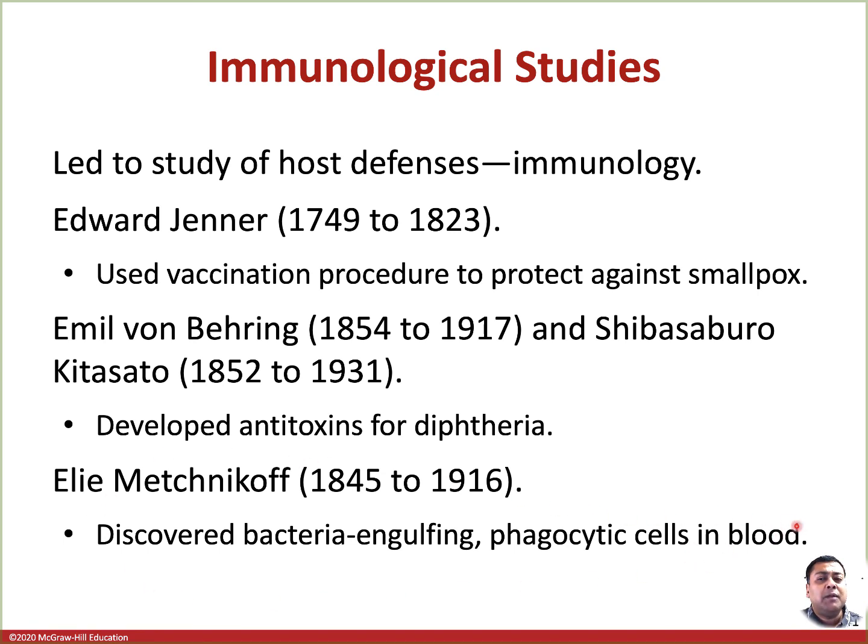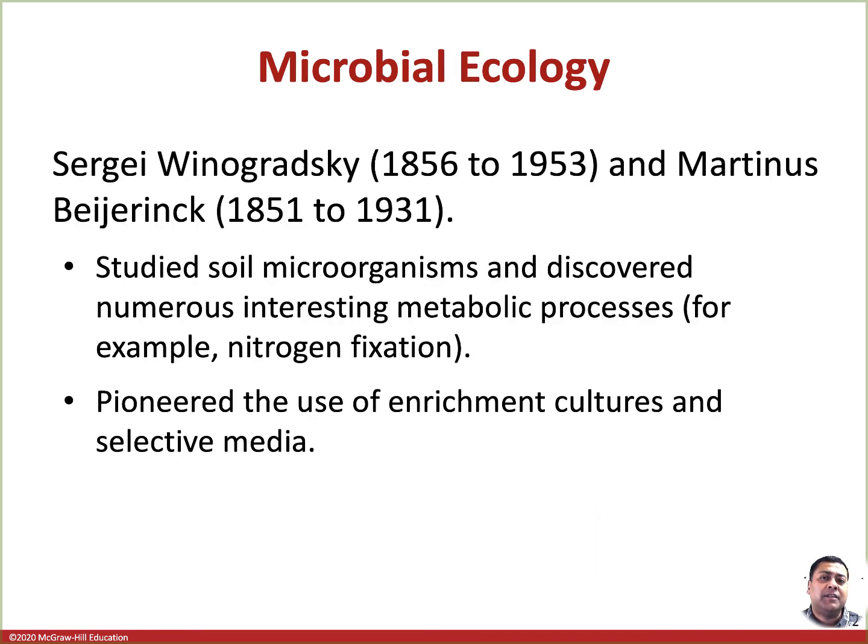So this is probably one of the very first observations of the start of immunology. He first demonstrated that these phagocytic cells in the blood, which are the white blood cells, can actually destroy the bacteria. Indeed, these are some of the cells found in our immune system, and we're going to talk about that.